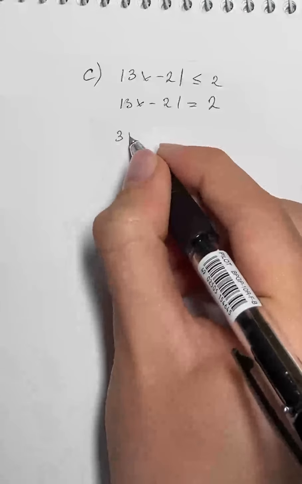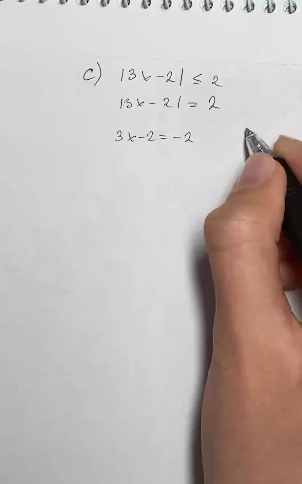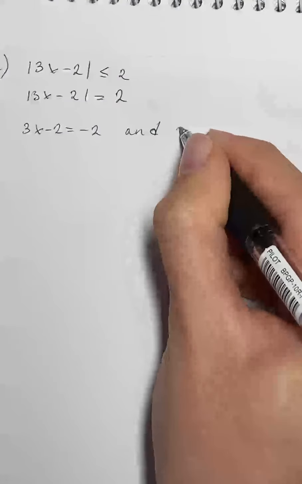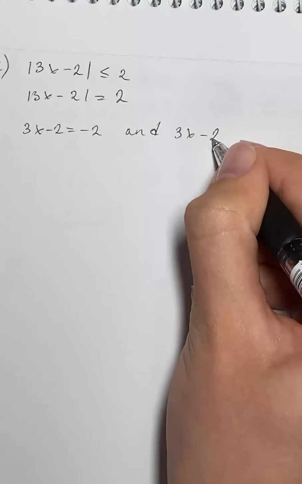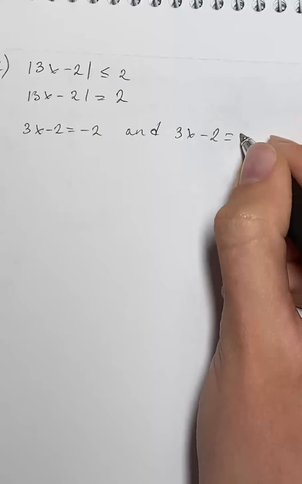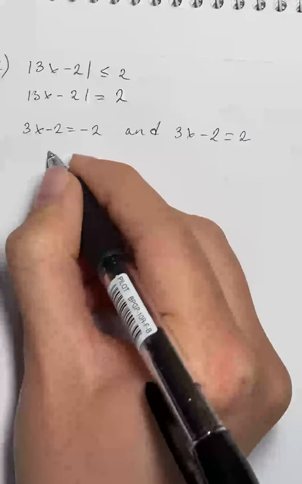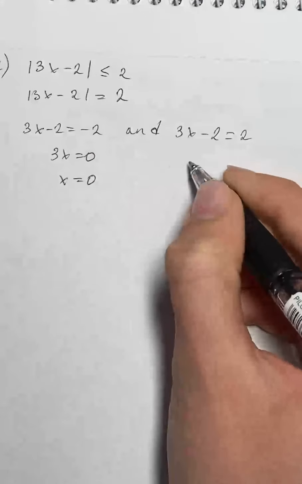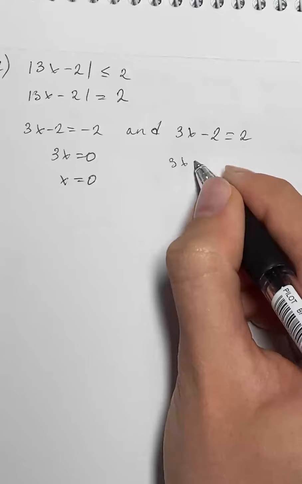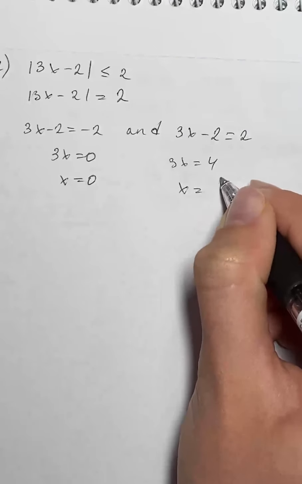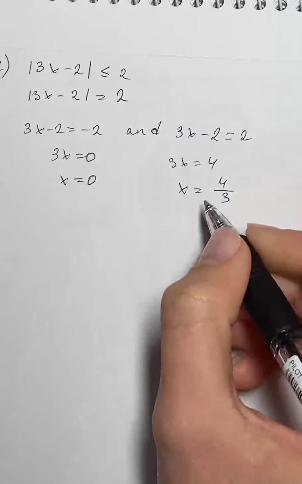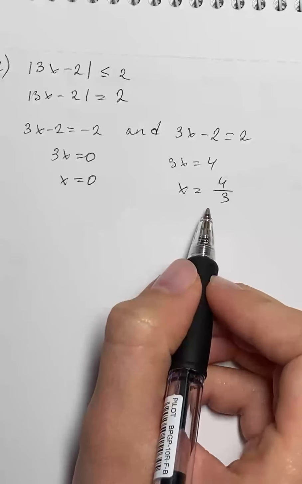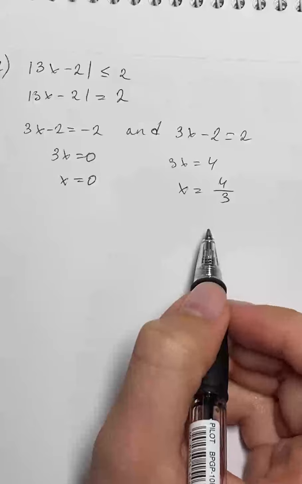The first is 3x minus 2 equals -2, and 3x minus 2 equals 2. So here we get 3x equals 0 and x equals 0. And here 3x equals 4 and x equals 4 over 3. So the boundary points are x equals 0 and x equals 4 over 3.